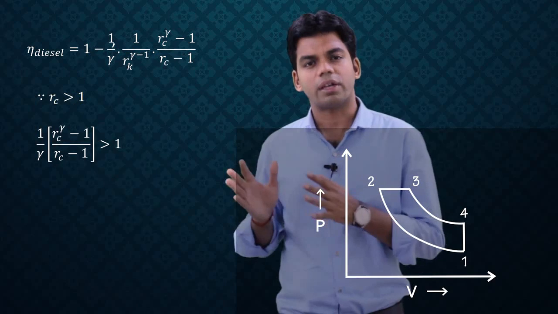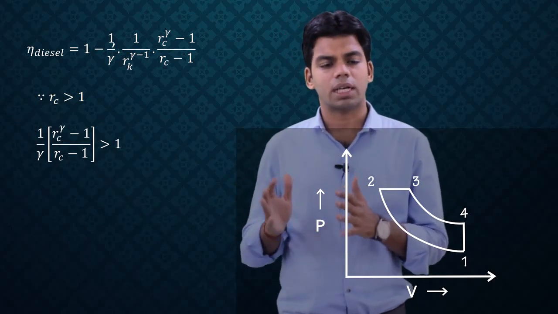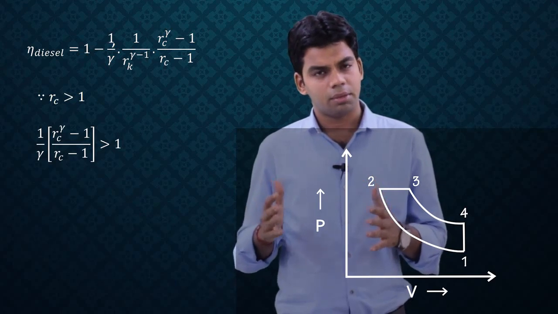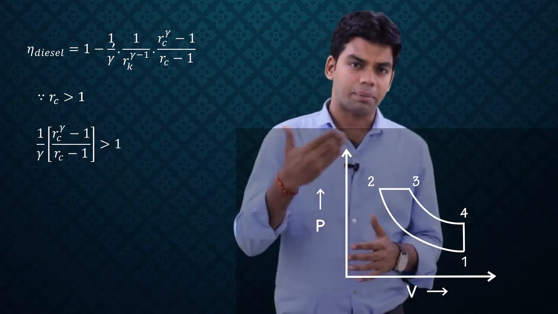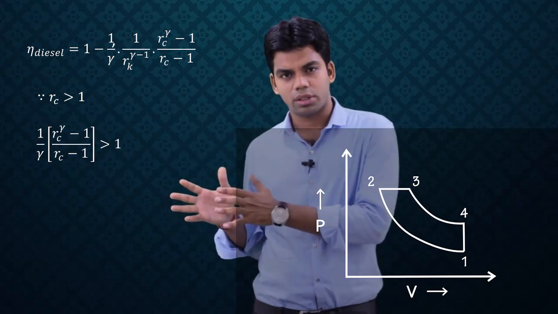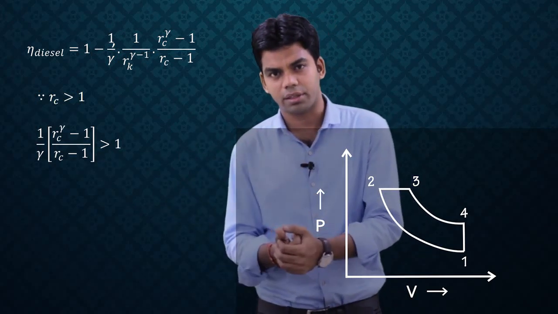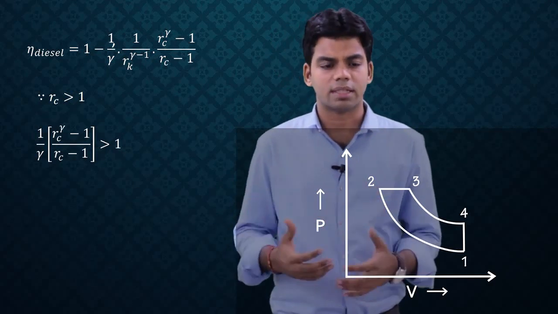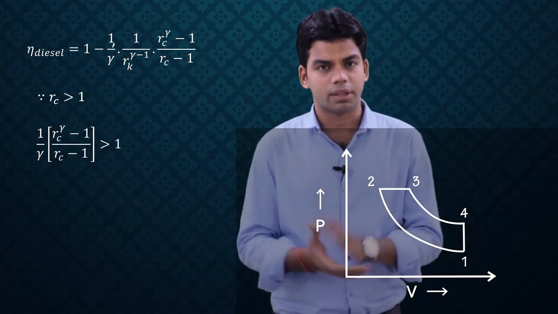This means 1 by gamma into RC to the power gamma minus 1 upon RC minus 1 should always be greater than 1, because RC is greater than 1 and gamma is again greater than 1. So this second term, if I remove RK from there, is always greater than 1.